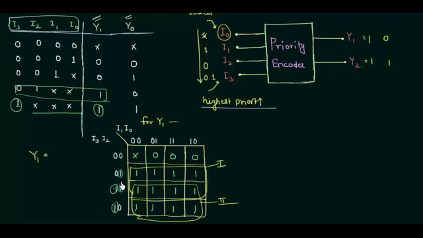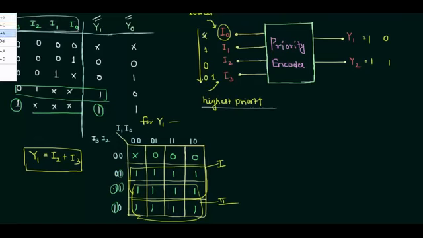The only thing that's not changing is I2. So I will write I2 for the first group. For the second group in the same way I3 is not changing, it's 1, whereas all three I2, I1 and I0 are changing from 0 to 1. So I will write I3. So this is your first function, Y1, we have just found out.